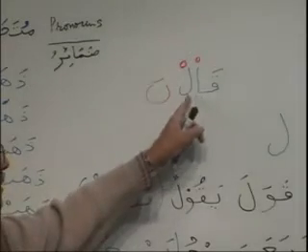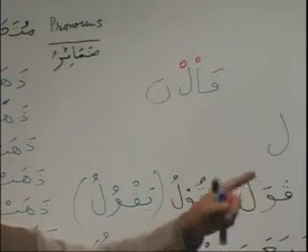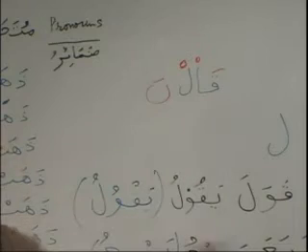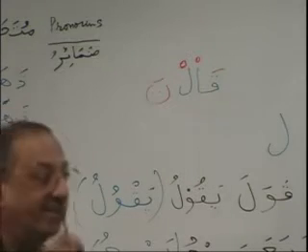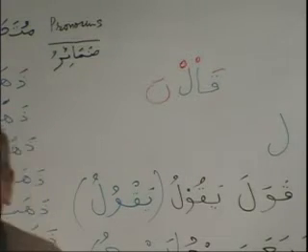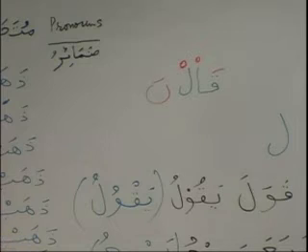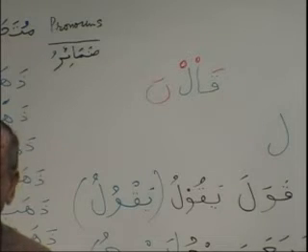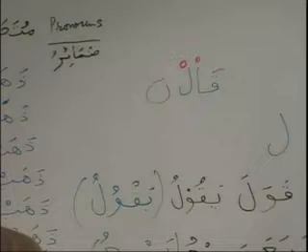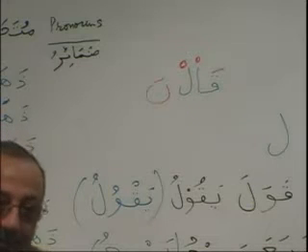Then if there is a meeting of two sakin letters, and if one letter happens to be a weak letter, waw or ya, you drop it. But what happens when both letters are sound? You can't drop it, brother.